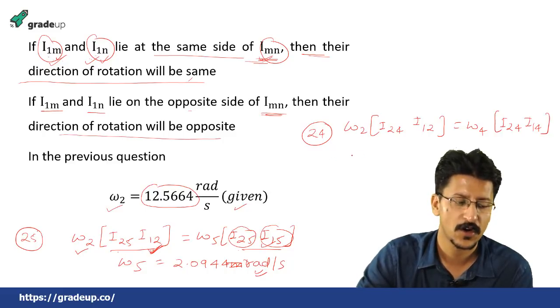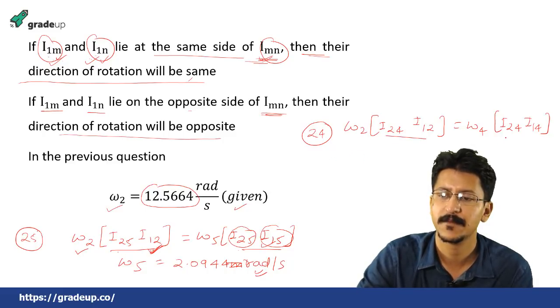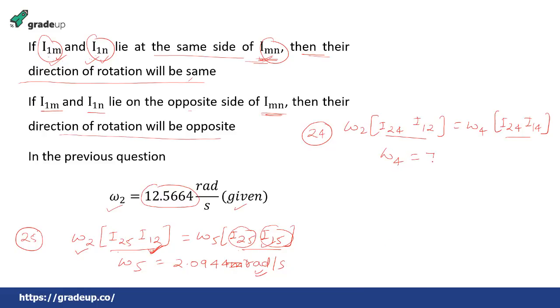Omega 2 is already known, and this length can be found using the scale. So omega 4 we will get as 7.7792 radians per second, and this will also be in the anti-clockwise direction. Then taking I45, or links 4 and 5, omega 4 I45 I14 equals omega 5 I45 I15.